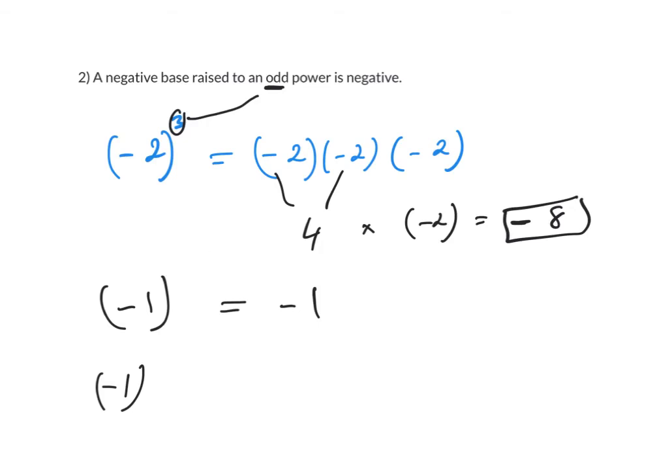So 5 is odd, and the answer is going to be negative 1. The same thing here: if I have negative 1 to the 13, the answer always is going to be negative 1. So when we have a negative base raised to an odd power, the answer is always negative.